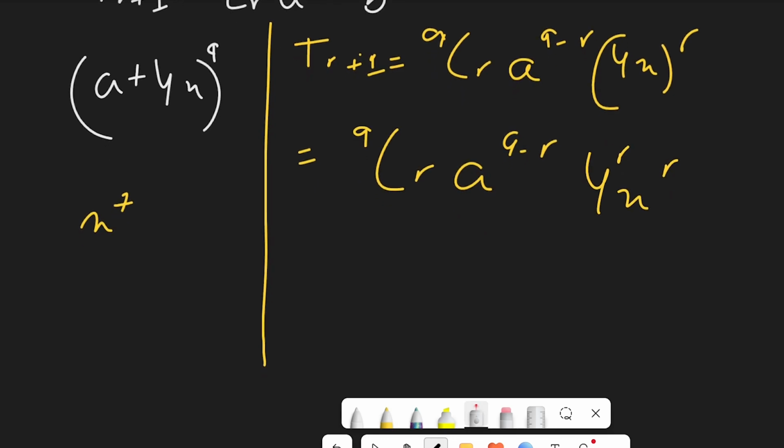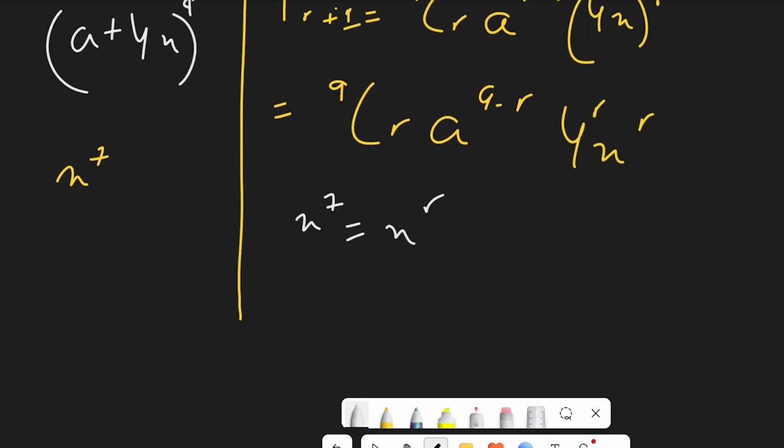Okay, so we need to find x^7. So first of all we need to calculate r. For that we will just compare these two, and x^7 is equal to the x term over here, and that would be this one. There is no other term where the x has power r. So that would be x^r.